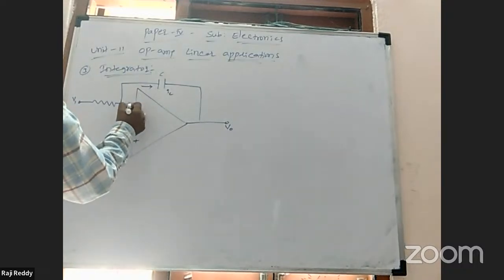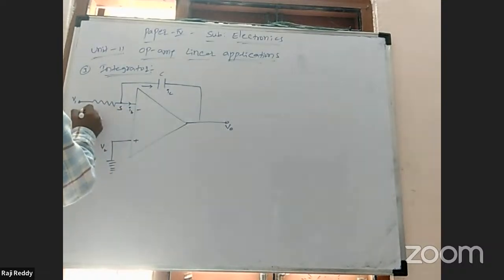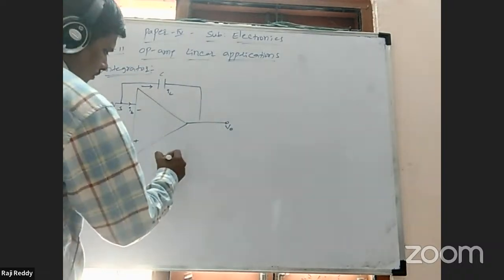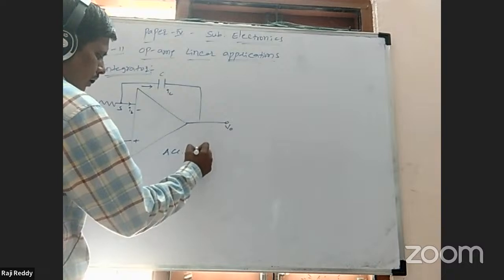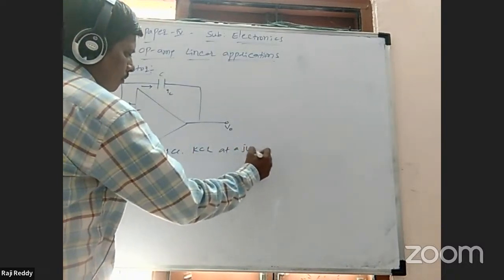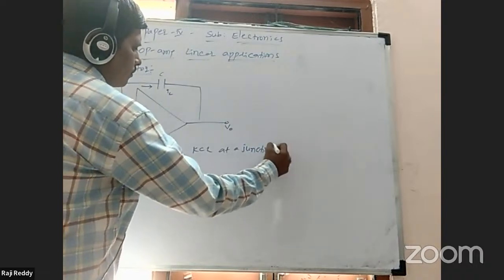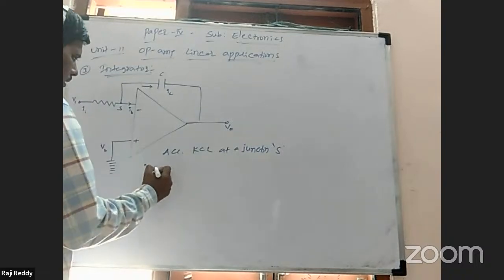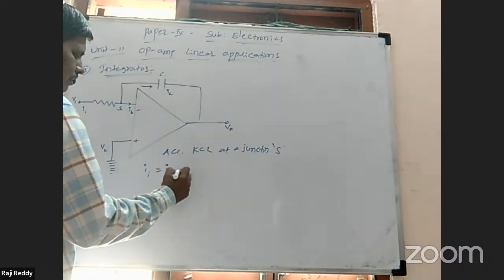This is the base terminal current I'm feeding, this is IB. This I'm taking as Ii. Again you can apply Kirchhoff's first law, KCL, at a junction. Entering current is Ii, input current, equal to leaving current IB plus IC.